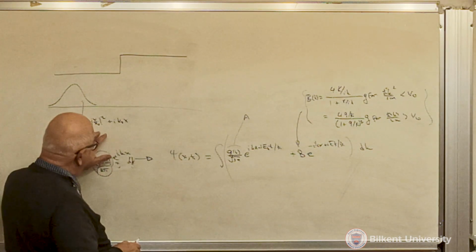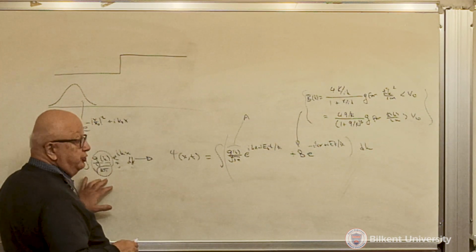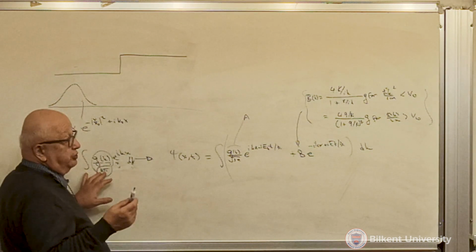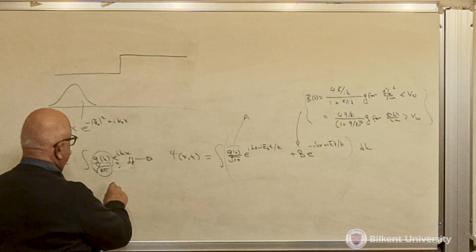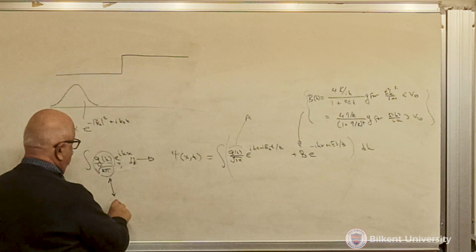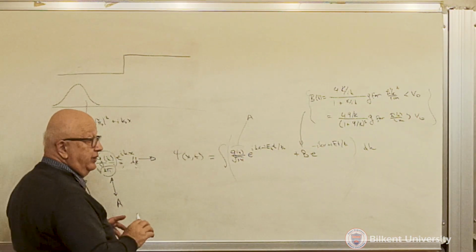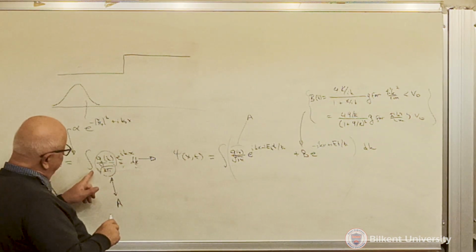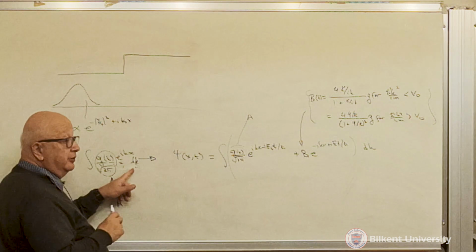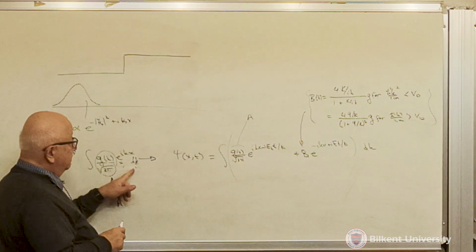So you start from the Gaussian, you find your g of k. If it's not a Gaussian, it's a different g of k. Obviously, your solution will be different. So this is now associated with the coefficient A that we had. Because it's the coefficient of e to the i kx, but now I have to add over all types of waves.